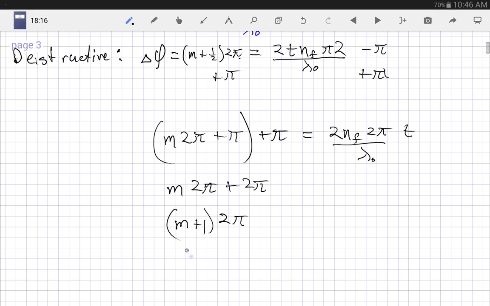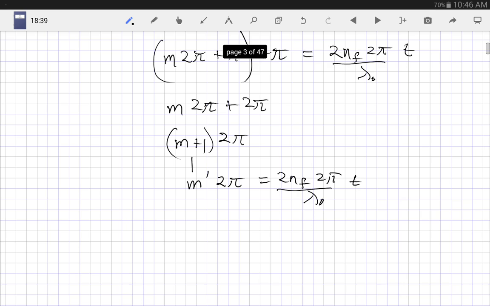So I'm just going to call this m prime, where m prime is an integer again. I'm only using a prime there so we realize it's not the same m I started with. So m prime times 2 pi is equal to 2nf 2 pi over lambda 0 times the thickness.